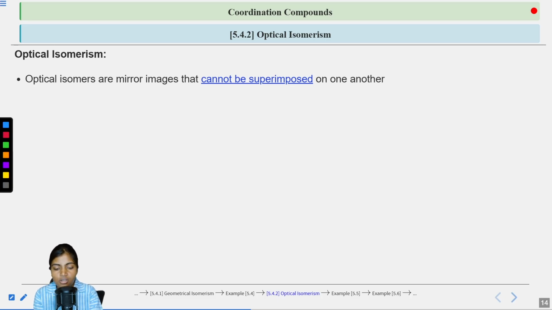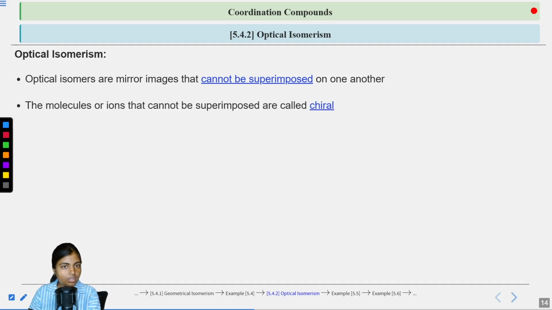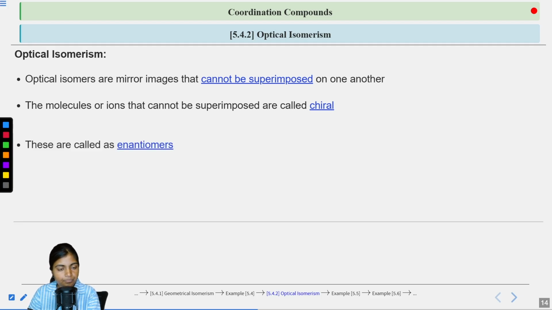Superimpose means you can't take one image and place it on the other image, so they are non-superimposable. The molecules or ions that cannot be superimposed are called chiral. The arrangement around the carbon is different in those molecules. These are also called enantiomers.